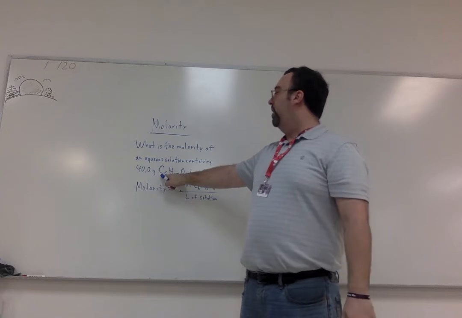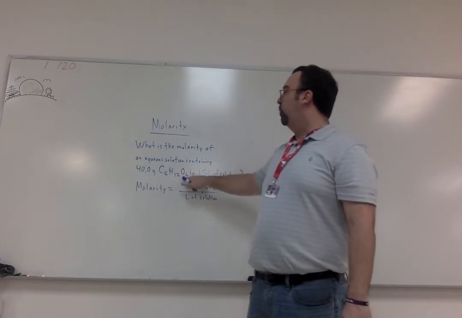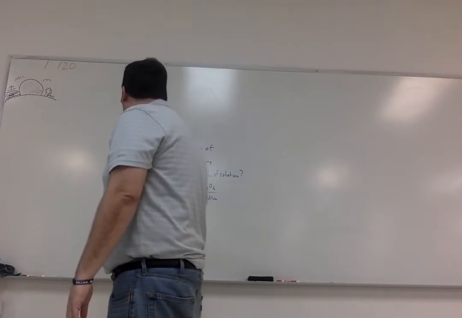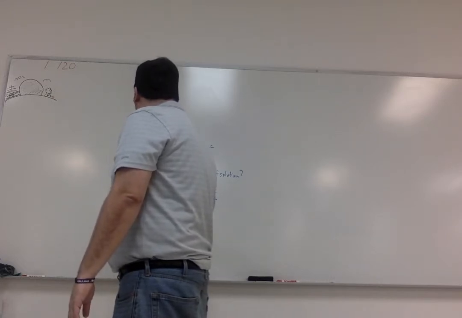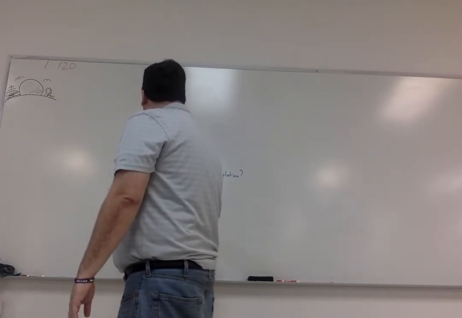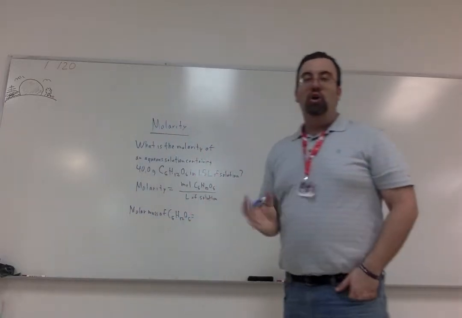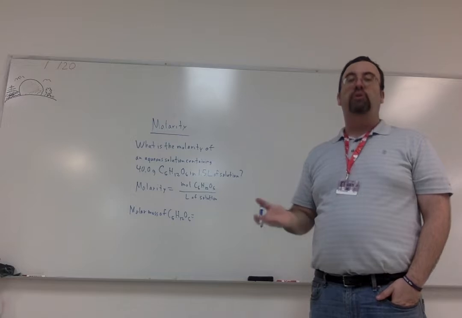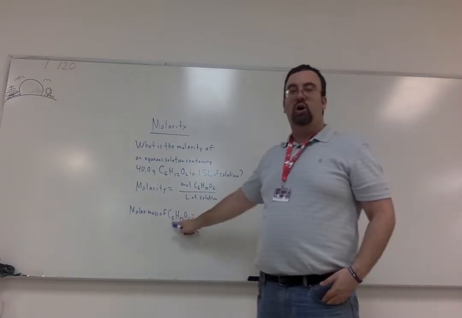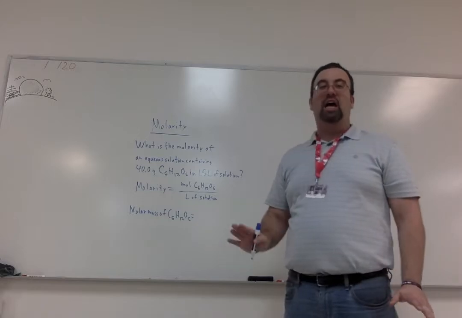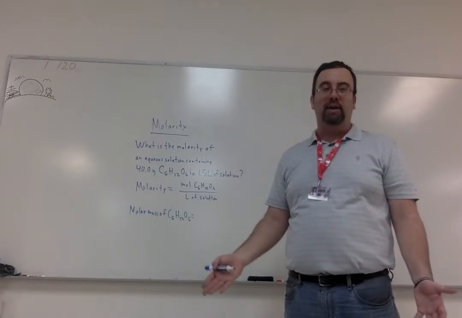And so we have C6H12O6, and so we first find the molar mass of C6H12O6. Notice that the formula for glucose, we have 6 carbons, we have 12 hydrogens, and we have 6 oxygens. So we turn to our periodic table.